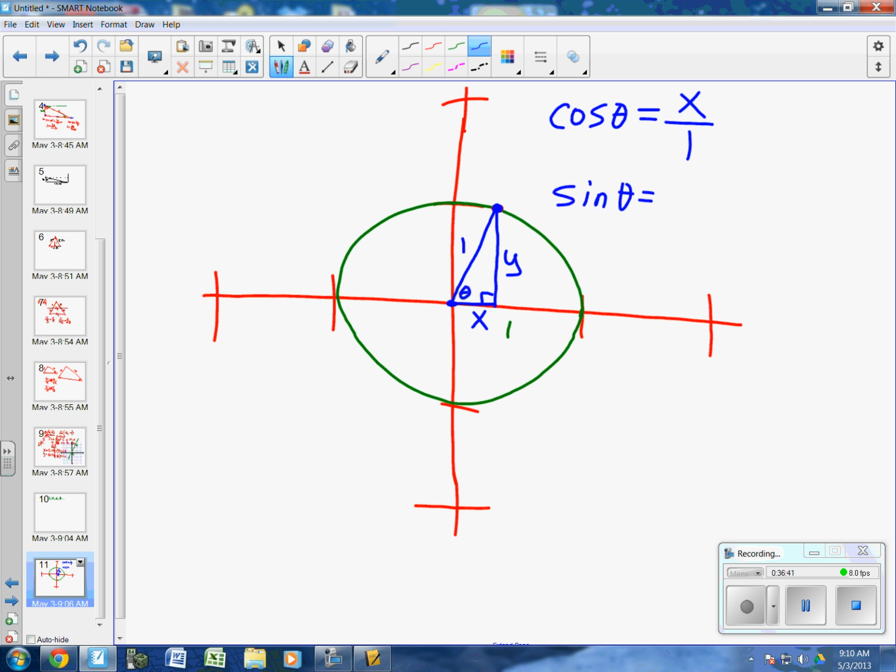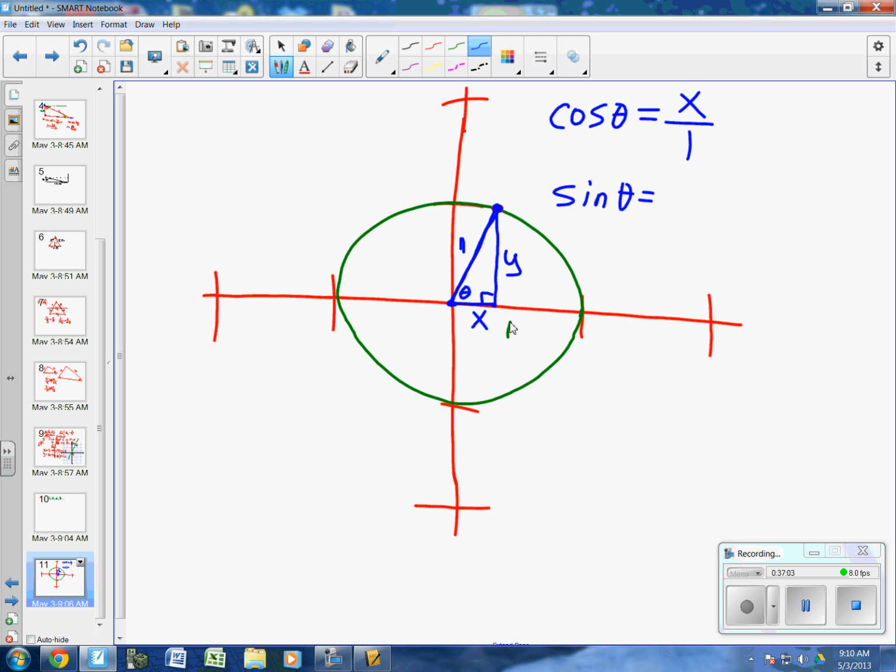Yes. Wouldn't y be 1? Is this distance right here a radius of a circle? Think about this distance right here. That's the radius of a circle. That's why we know it's 1, right? And on a right triangle, what's always the longest side? The hypotenuse.